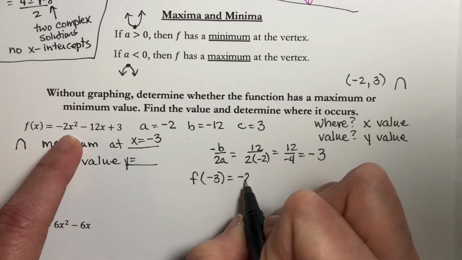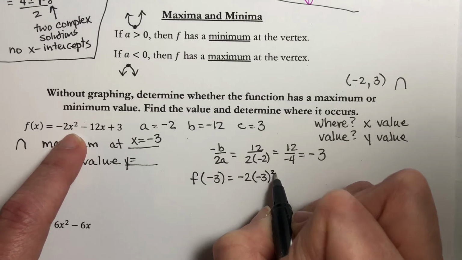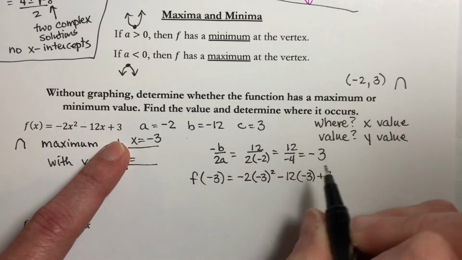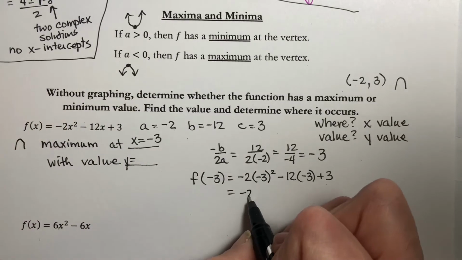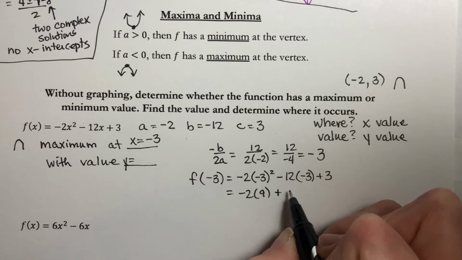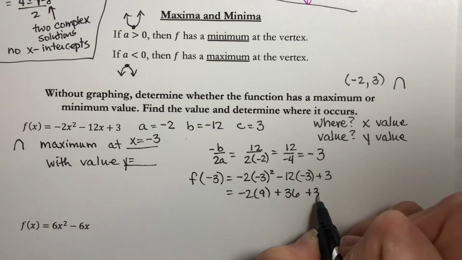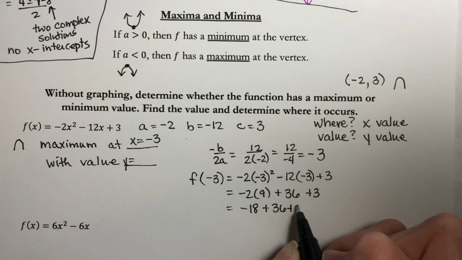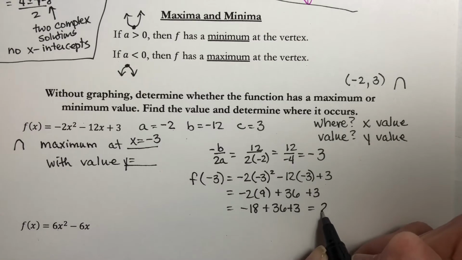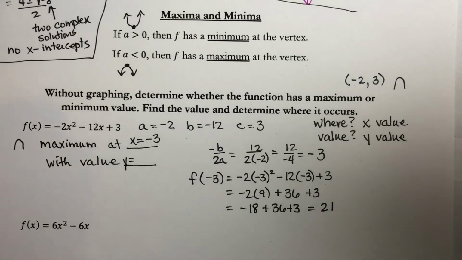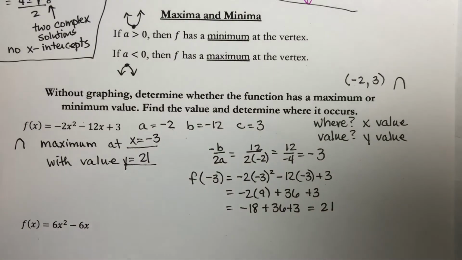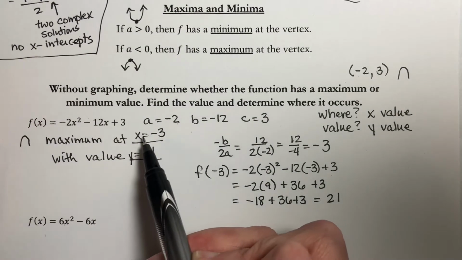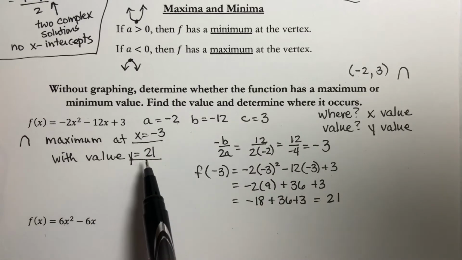So this is -2 times -3 squared minus 12 times -3 plus 3, which is -2 times 9 plus 36 plus 3. -18 plus 36 plus 3 is 21. So the value is 21. So we know, even though we haven't done our graph, it reaches a peak when x is -3 and it reaches the maximum value of 21.